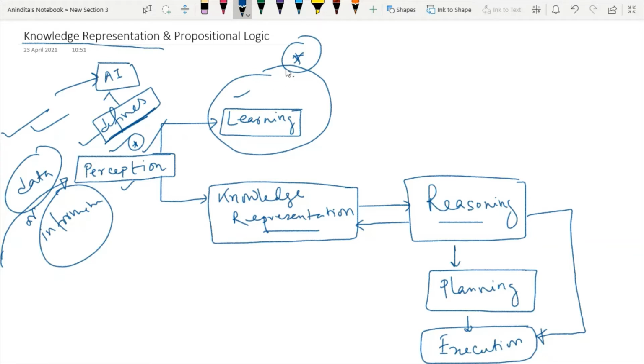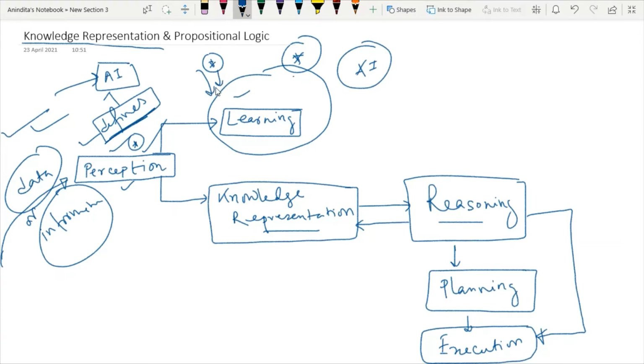So the goal here is to build a computer that can be taught instead of programming them. If the learning component is absent from your AI system, each time you have to feed some information manually.